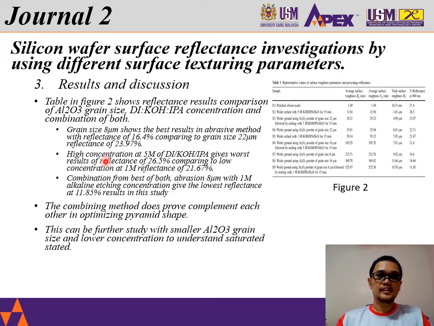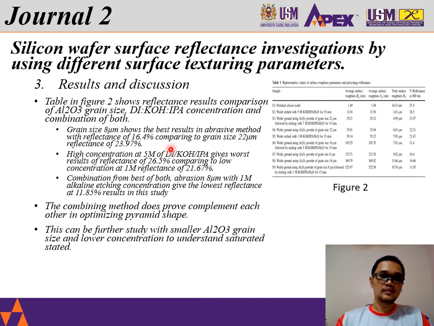So the first is the mechanical grinding results. What I observe is that the grain size of 8 micrometers shows the best results among the mechanical grinding abrasive methods, with the reflectance achieved being about 16.4%, compared to the bigger aluminum oxide size of 22 micron, with a reflectance of 23.97%.